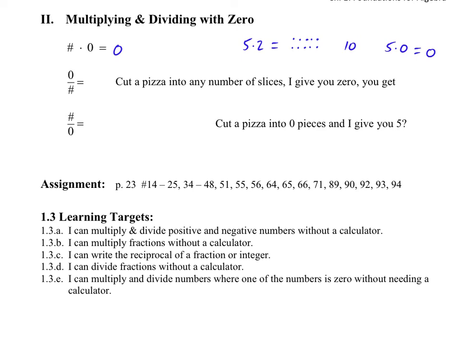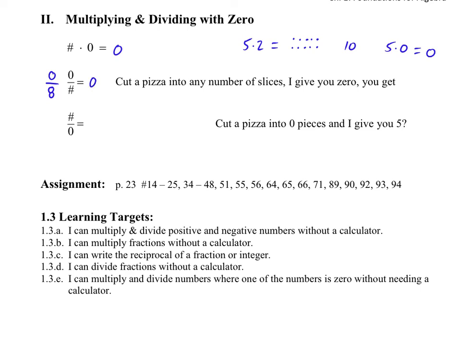But let's say I have a pizza and I cut it into any number of slices. So maybe I have a pizza, I'm going to cut it into 8 slices. That denominator is always how many parts does it take to get the whole. So there's 8 pieces in the whole. If I'm going to give you 0 of the 8 pieces, that gives you nothing.